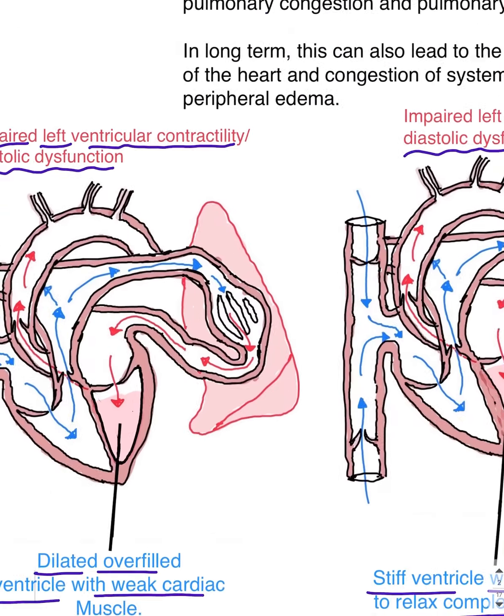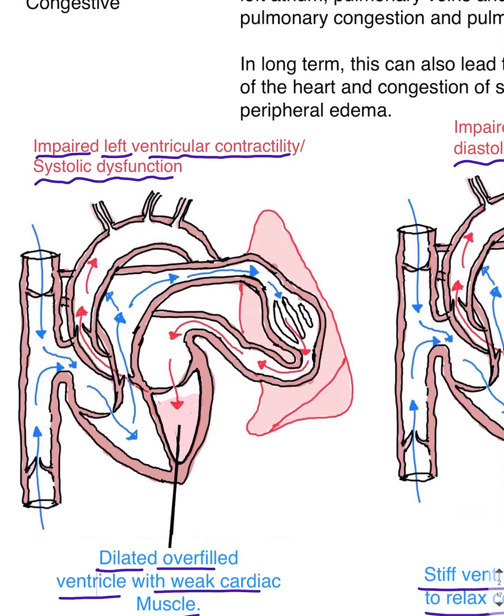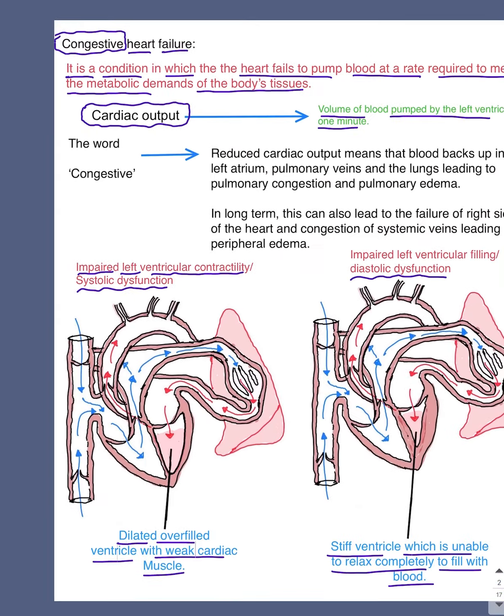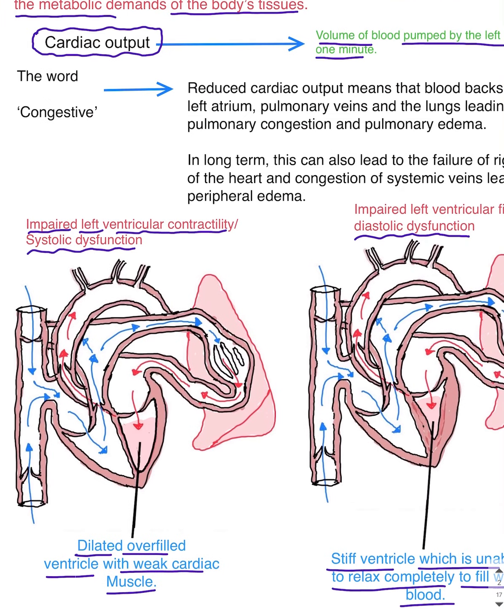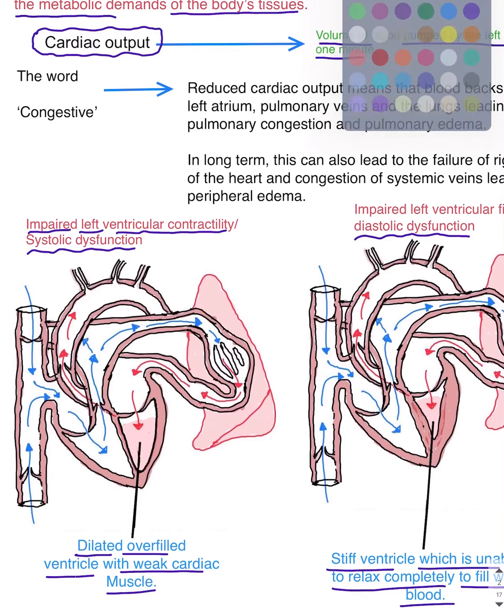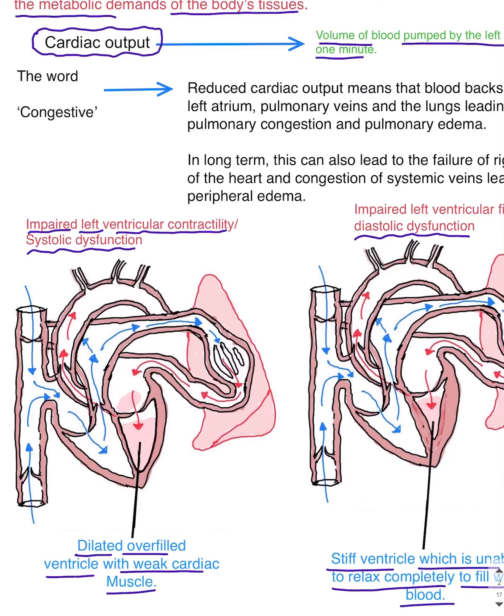So, what happens is that due to both systolic and diastolic dysfunction, there's decreased cardiac output, and decreased cardiac output causes the backup of blood in the left atrium. Obviously, there's decreased cardiac output, but the venous return to the heart is the same.